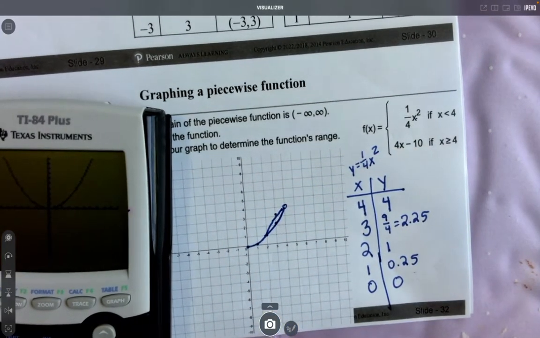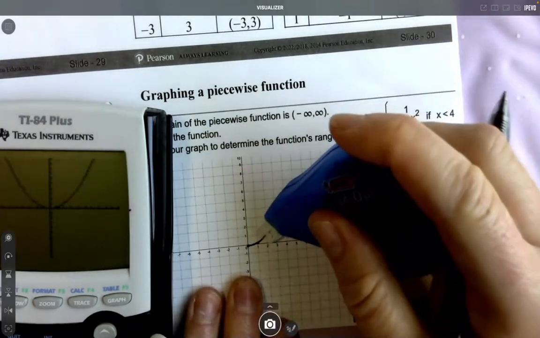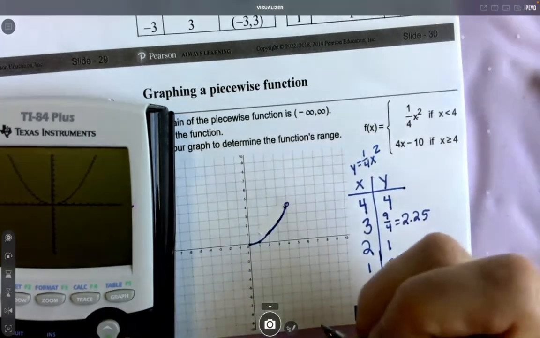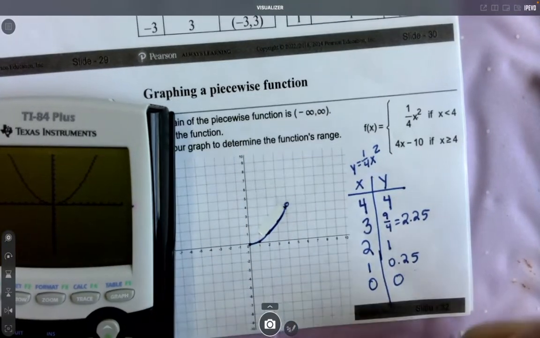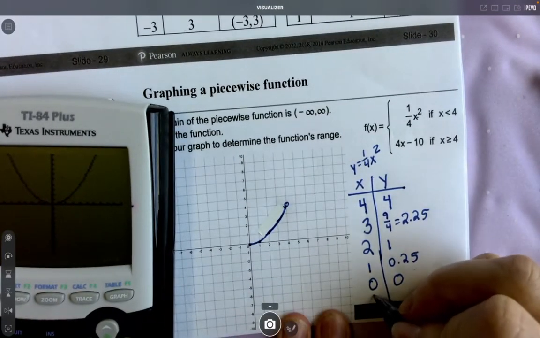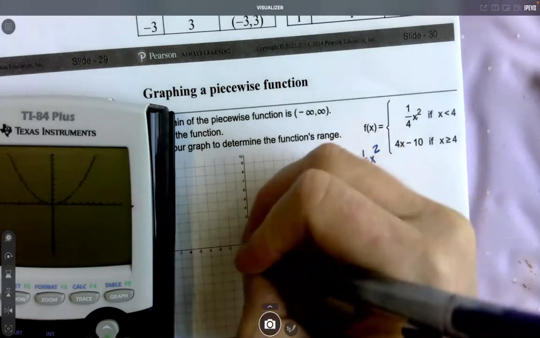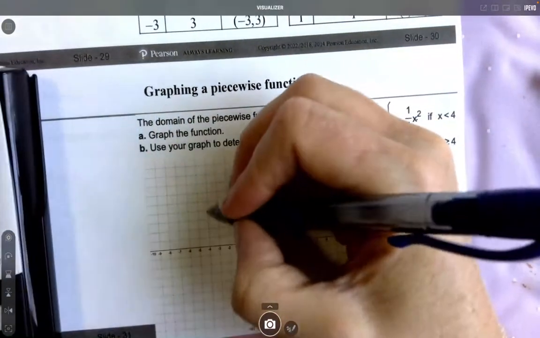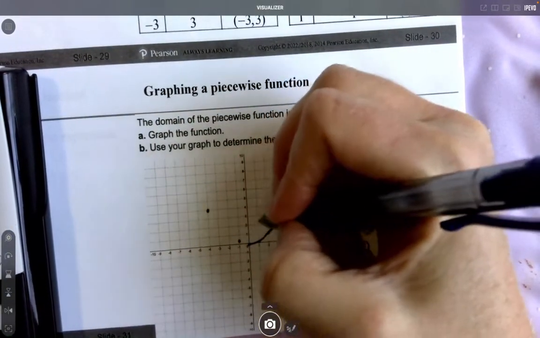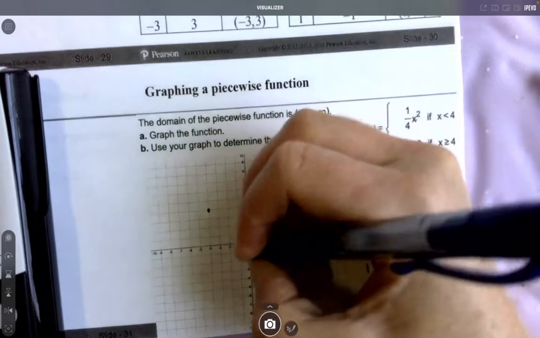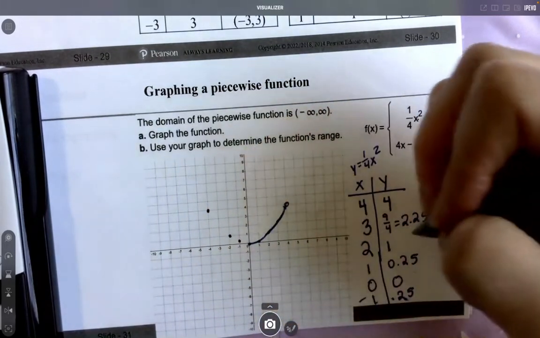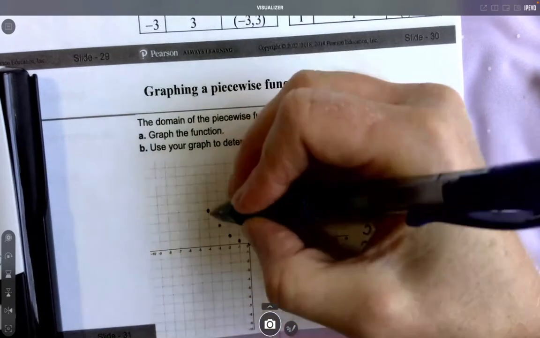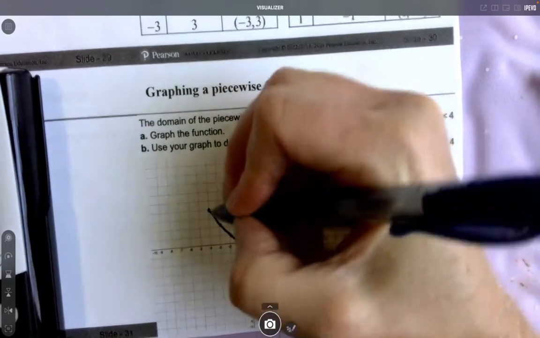Sorry. There we go. I knew something was wrong. I didn't know what. And then it would be negative 4, 4, and so on. Negative 2, 1, negative 3, 2.25, like that. So this is going to keep on going.